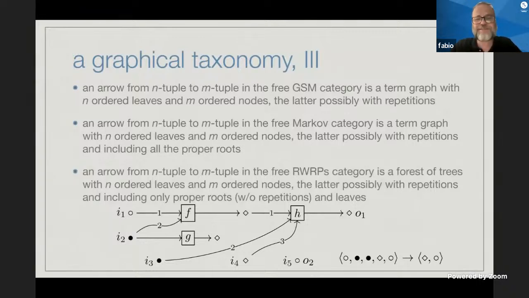Well, now I can choose instead to go to the restriction. And it is exactly the same, but now I have to include only proper roots and leaves. Okay? Proper roots without repetitions.